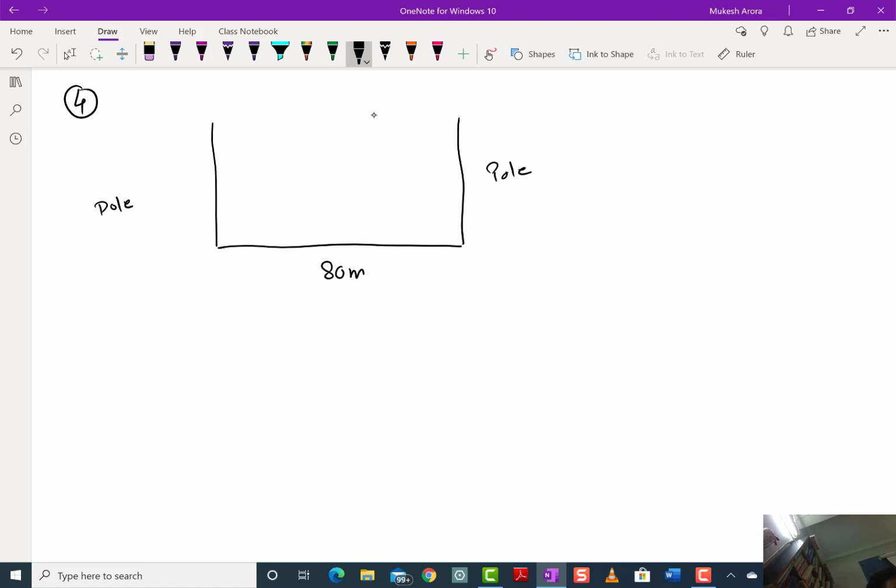From a point between them on the road, the angles of elevation of the top of the poles are 30 and 60. This is 60 and this is 30. And the poles are of equal height.